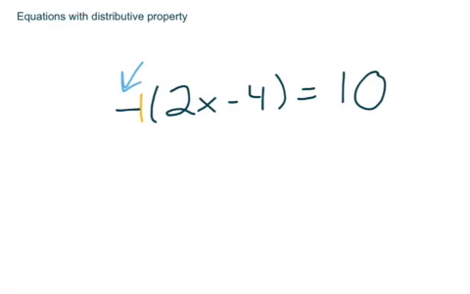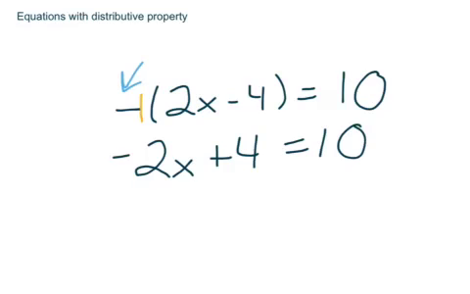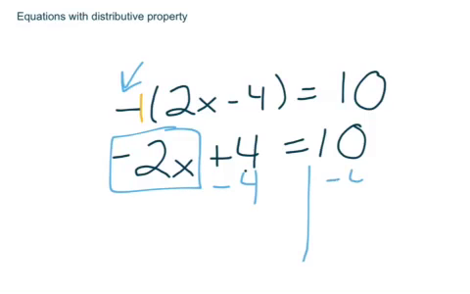So negative 1 times 2x is negative 2x. Negative 1 times a negative 4 is plus 4. And then once again, we're back to a two-step equation. We would subtract 4 from both sides, giving us 6 and a negative 2x.